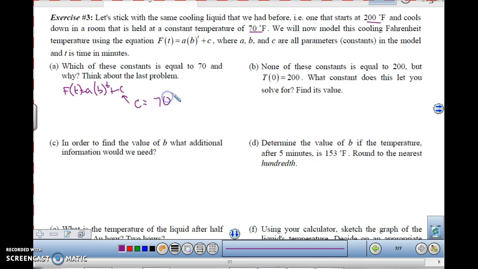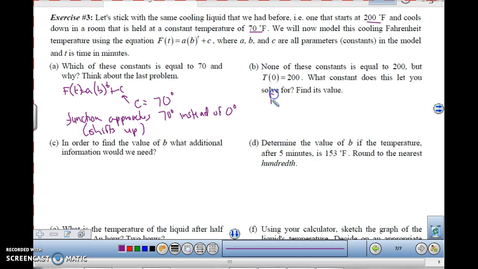C was equal to 70 because the function approaches 70 instead of 0. So that's going to be a shift up. All right, so we know C is going to equal 70.